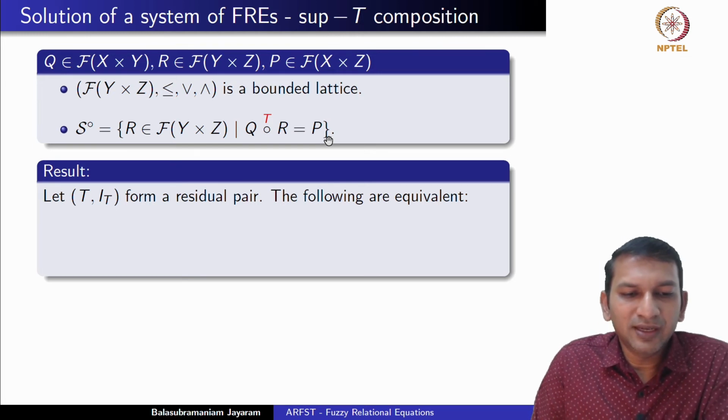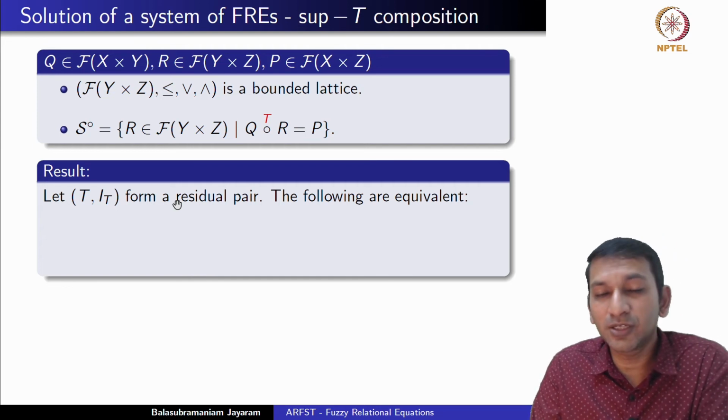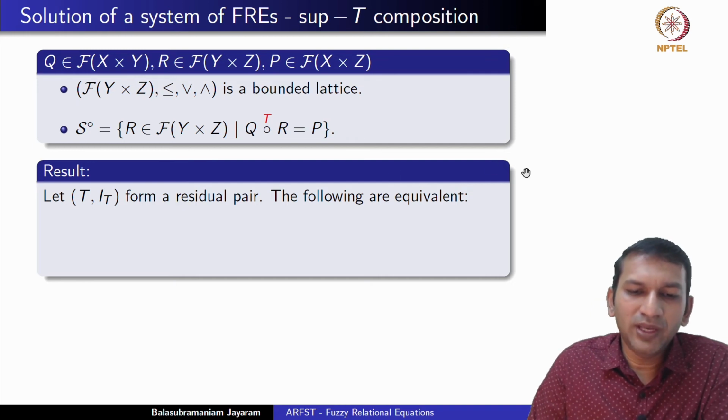If your T and IT form a residual pair, that means the T-norm that you use in the sup composition is a left continuous T-norm and you consider the corresponding residuation of it, the following are equivalent. What does it say?